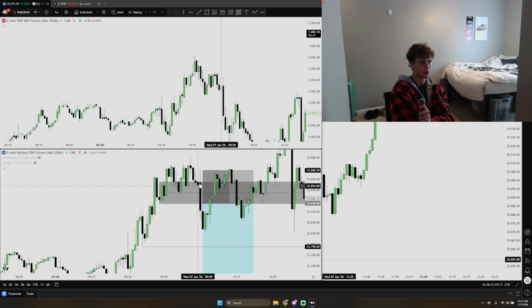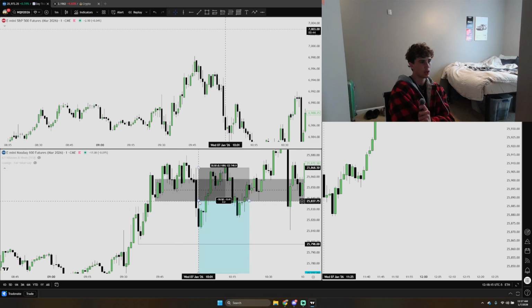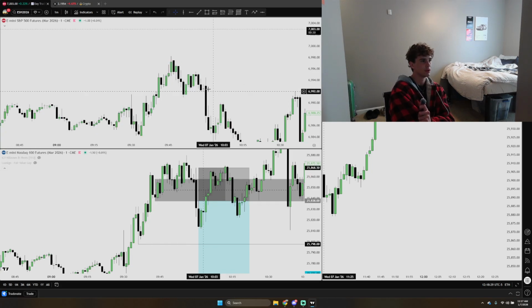We also shift market structure, and the next candle down we create a fair value gap. So we have a fair value gap paired with our breaker block. We have a bearish bias, sweep of buy side, market structure shift, order block, gap. We have a market structure shift on ES and a gap on ES.